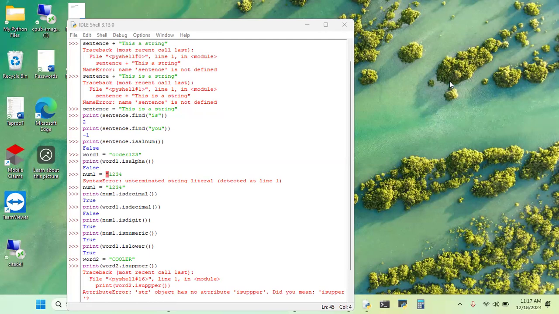When you say sentence.find and then you say IS in quotation marks as the argument, you are telling it to go and look for the first place that IS occurs in that string. The first letter in IS is I, so it will look for where I shows up in the string.